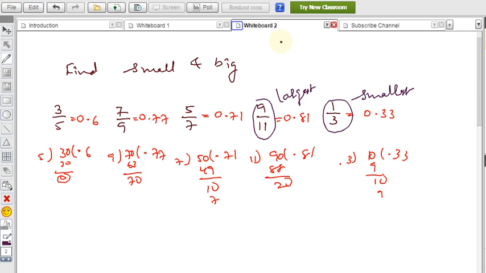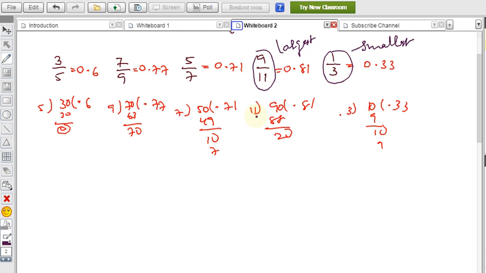So this method you can use even for ascending and descending order. For example, if they ask for ascending order for the given fractions: ascending order is small to big.